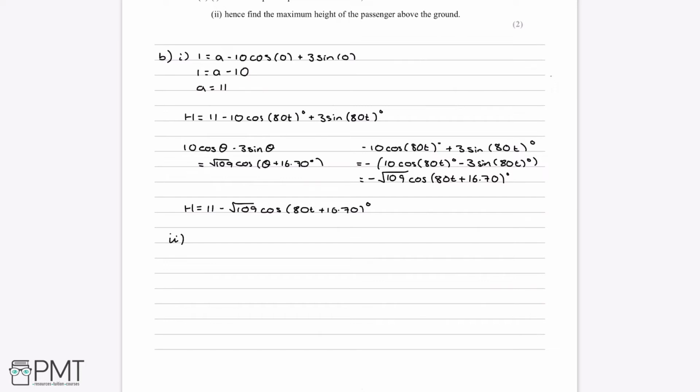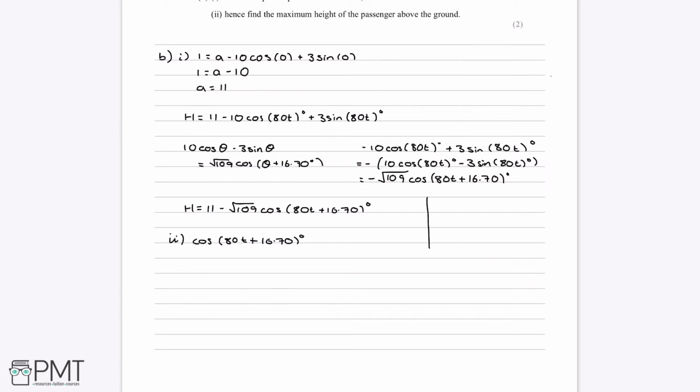And the way we do this is obviously by altering t, because that's the variable that we can change. So if we take a look at cos of 80t plus 16.70 degrees, the largest value that cos can take is 1, and the smallest value that cos can take is -1.